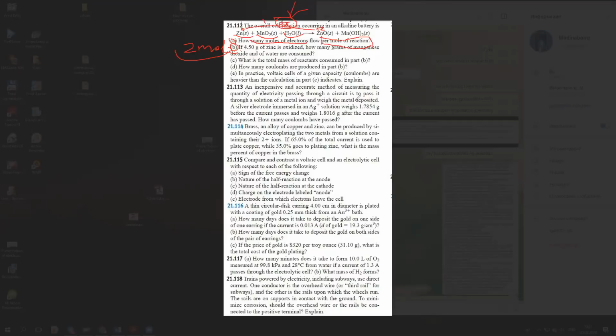I read it like 5 times. Why didn't you understand? I didn't get the meaning.